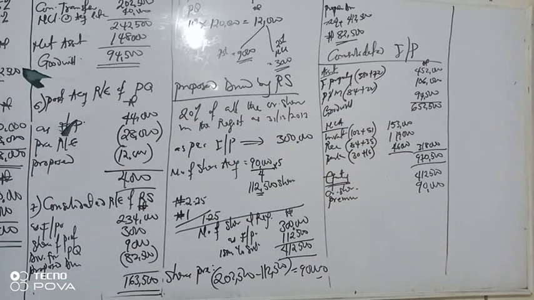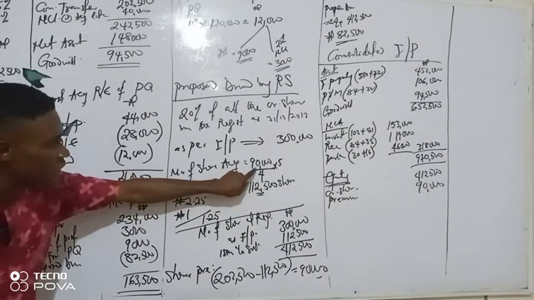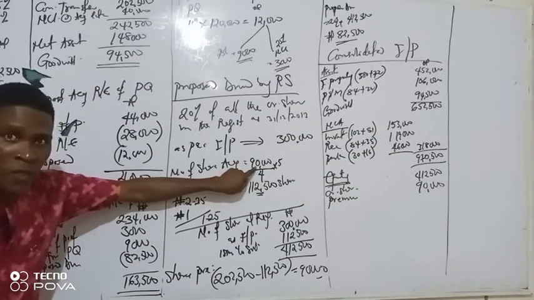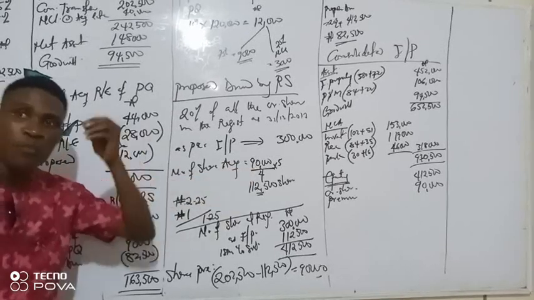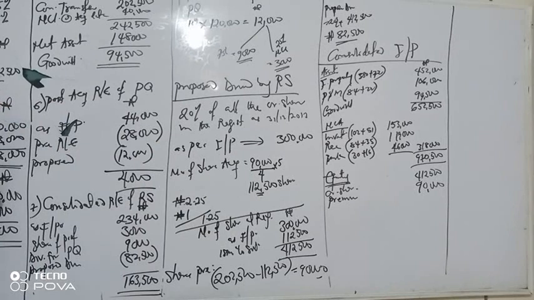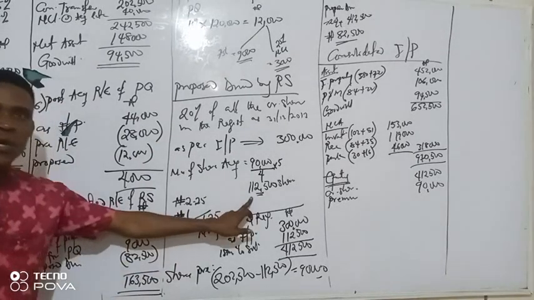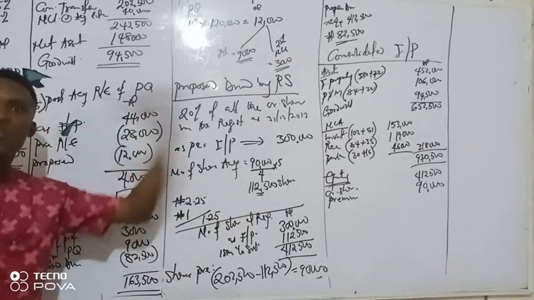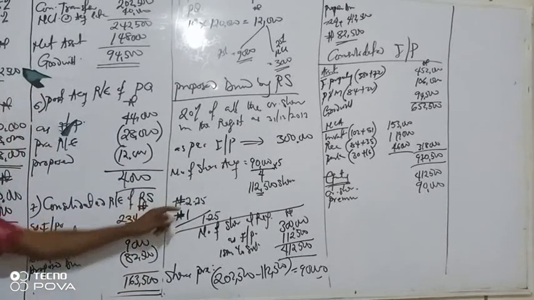These 90,000 shares, in market price, worth how much? 202,500. At book value, it's worth how much? 112,500. So the difference should be what? Not 150.